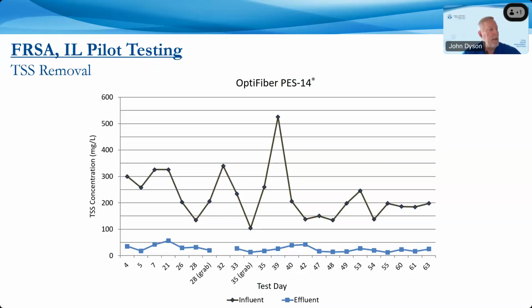And the reason I think that is important is clarifier performance that we generally deal with is good when the flows are low, but as flows go up, you get carryover to occur. Your removal percentages can drop pretty significantly. As you can see here, we were testing different flow rate conditions, different influent was coming in, and you can see a very consistent effluent with that nominal 5 micron cloth media.